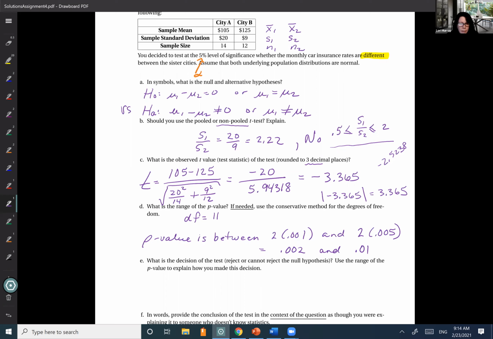So for the denominator, I get 5.94318. If I take negative 20 and divide by 5.94318, I get negative 3.365.